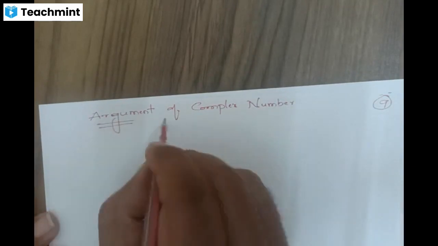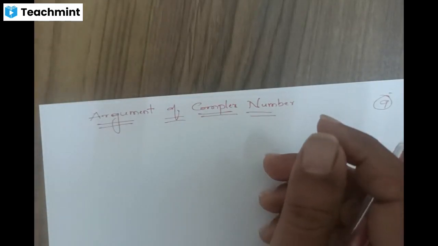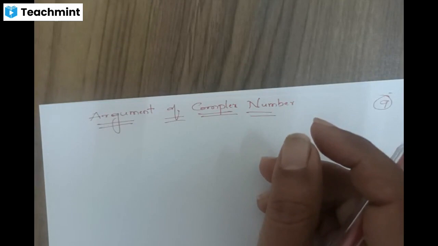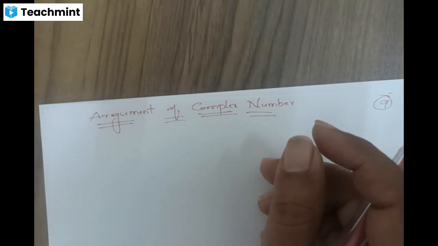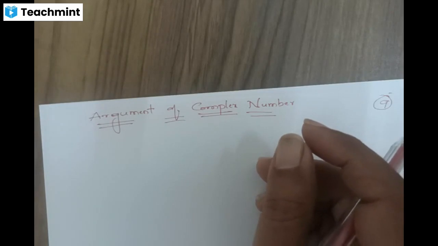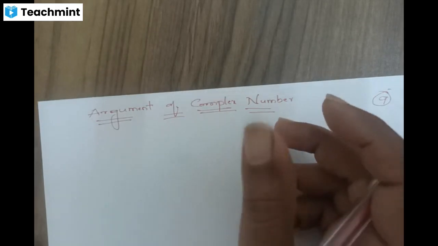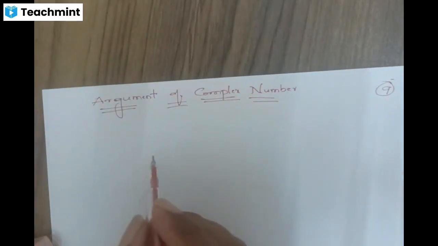See, the complex number we can express in different ways. X plus Iy means it's a Cartesian form. Then R and theta means polar form, and then R into E to the power I theta, the exponential form. So now we can express the argument of a complex number in terms of polar form.